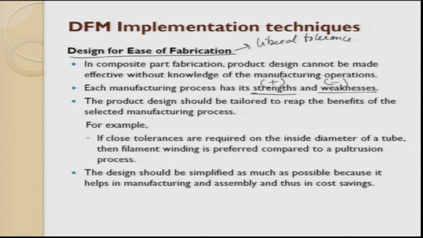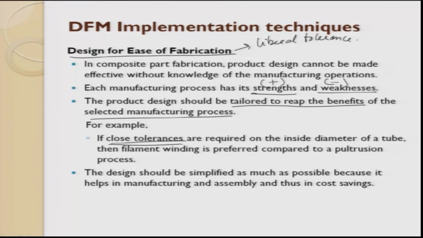Right. In the design, if you make a very tight tolerance, getting that fabricated becomes very difficult. The product should be tailored to reap the benefit of the selected manufacturing process. So I am talking about the close tolerance here.